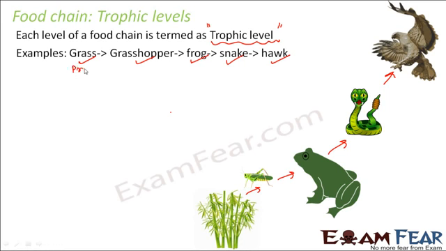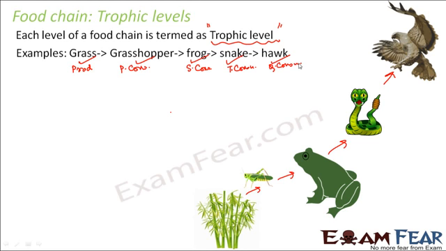Grass is the producer, grasshopper is the primary consumer or the herbivore. Frog is the secondary consumer or the primary carnivore. Snake is the tertiary consumer or secondary carnivore. And hawk is the tertiary carnivore or quaternary consumer. So these are the various levels of the food chain. These are the different groups of organisms which are present in this food chain.